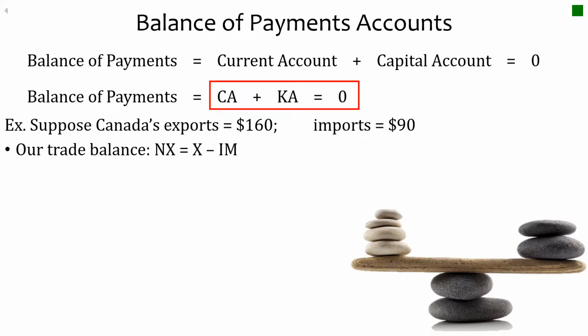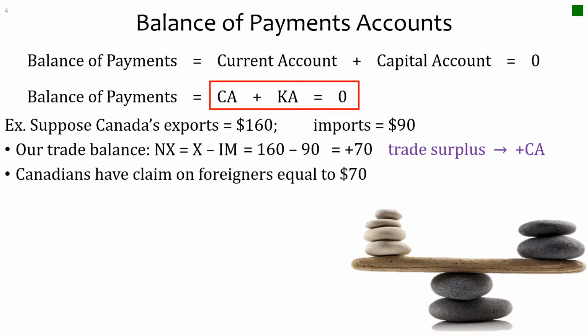Trade balance, which is the same as net exports, is exports minus imports. In this case, exports are 160, imports are 90. So 160 minus 90 would be $70 billion, and that is a trade surplus because it's positive. So it means that we have a positive current account.